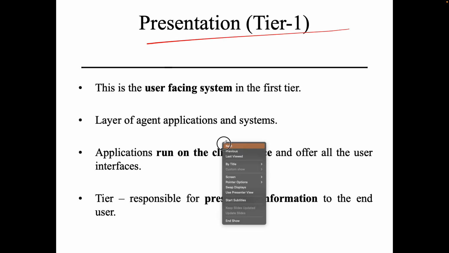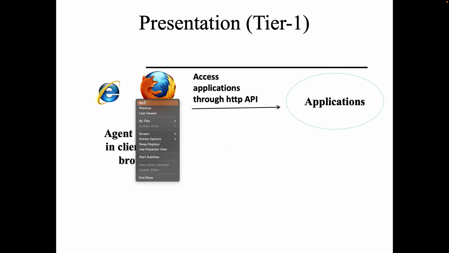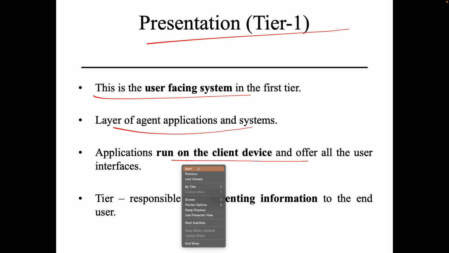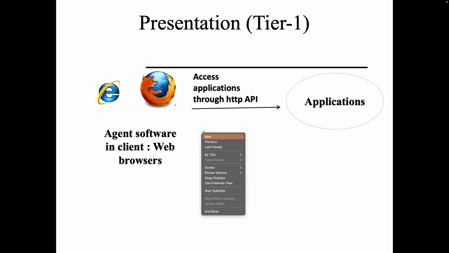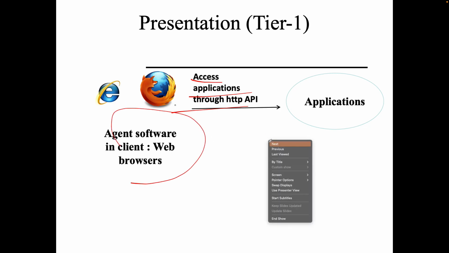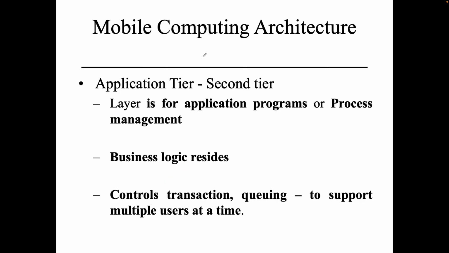That's done. Okay. This is the user-facing system in the first tier. Here the agent is on the client server. The presentation is running now, accessing the application through an HTTP API. All of this data is happening like this.